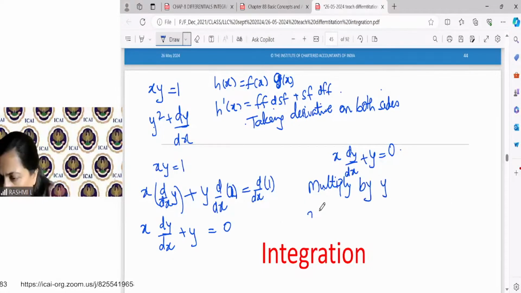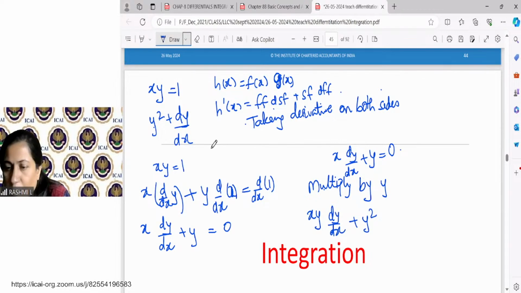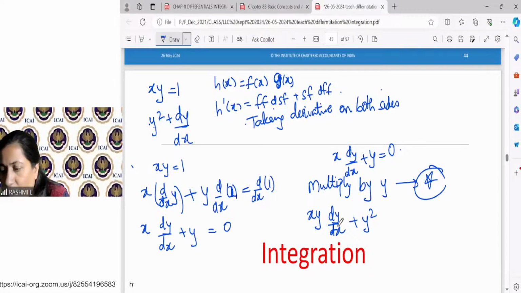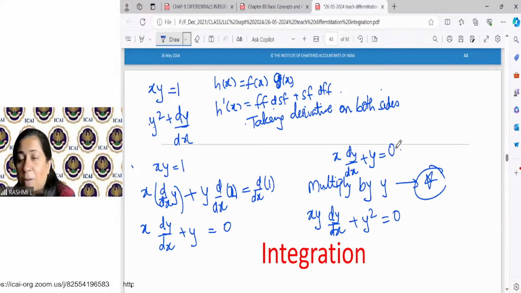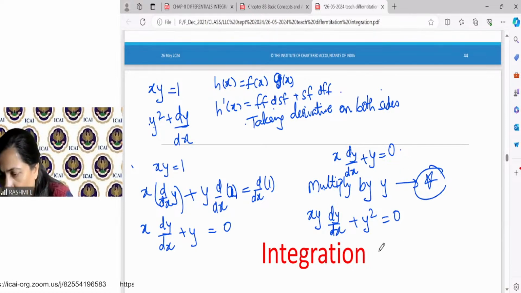So I will have xy dy by dx, okay, plus y square. Because why did I multiply by y? This is the important step because I want y square. Here I have only y. So I'm multiplying by y. So xy dy by dx plus y square is equal to 0 because I multiply 0 by any number I'm going to get 0 only.